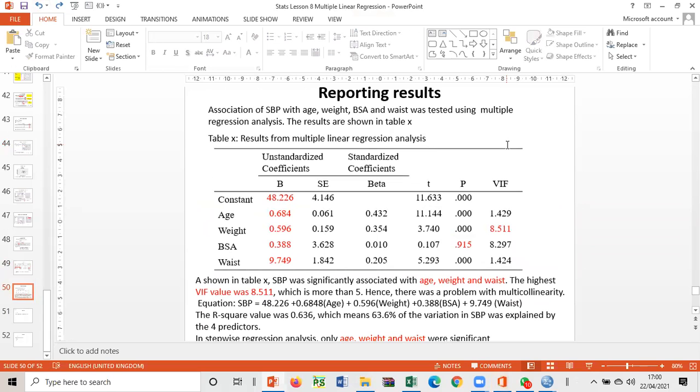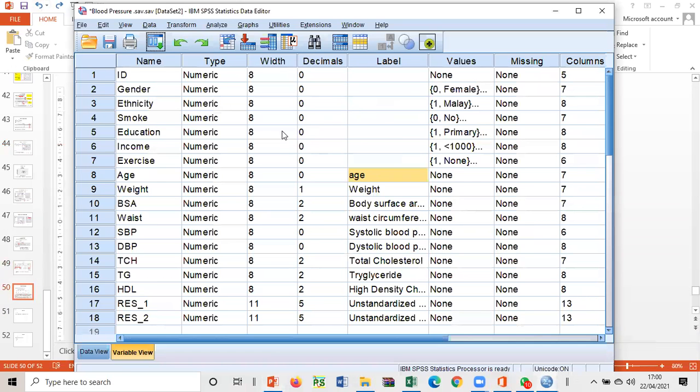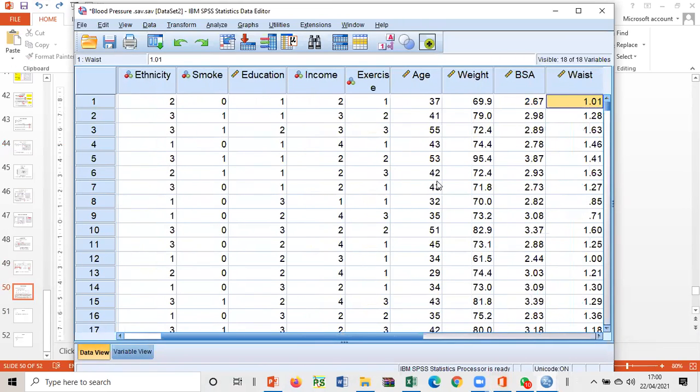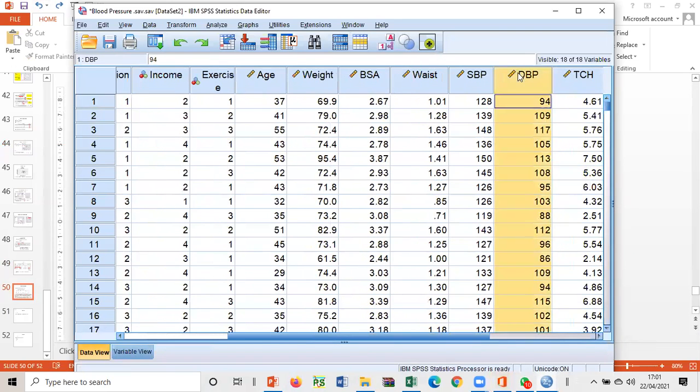So now's your part. Which variables shall I choose? Blood pressure data. I want you to model DBP. Same data, same predictor variables.